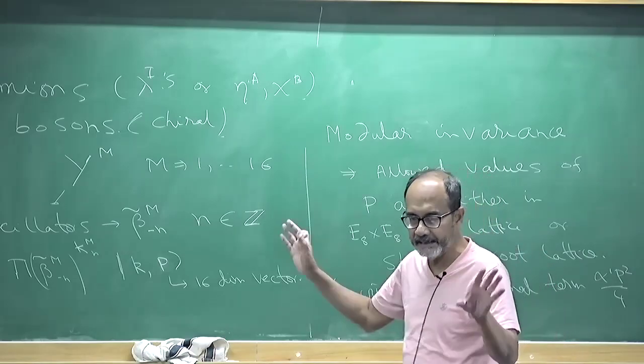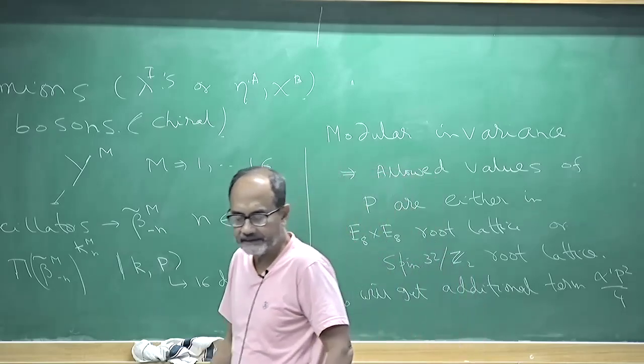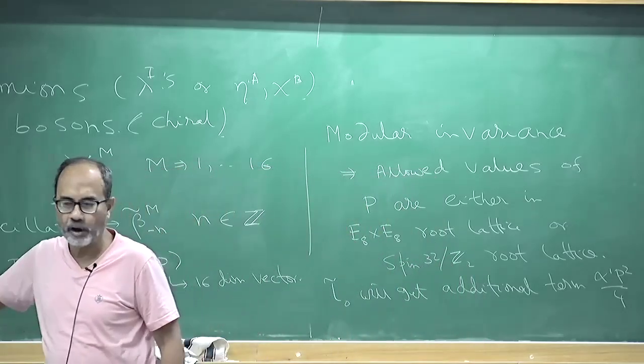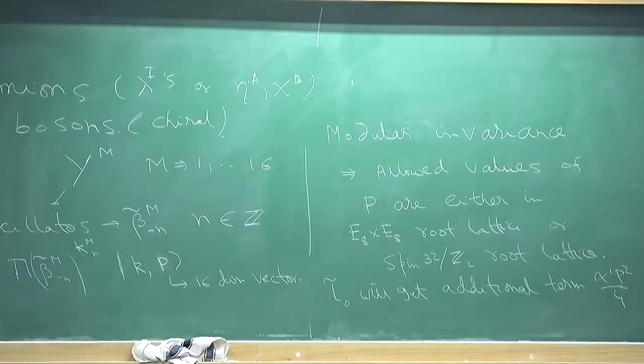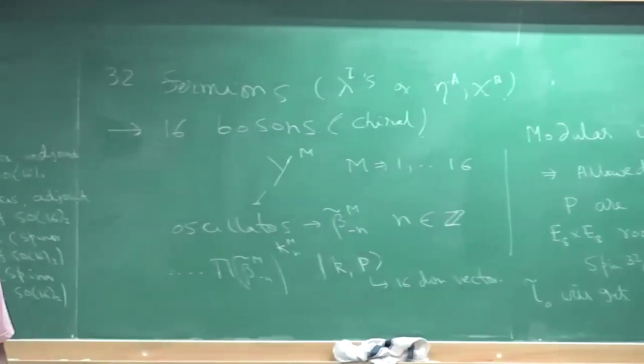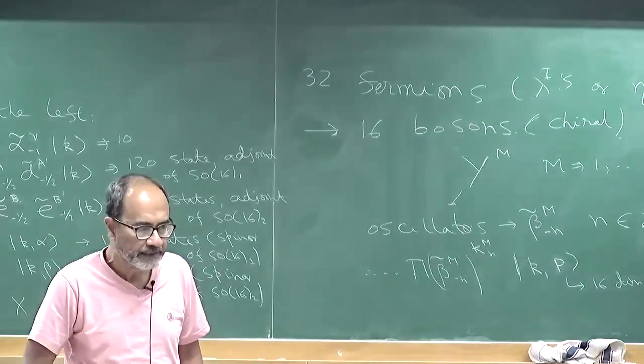And this generates the same spectrum that you got from the fermionic theory. Not just at the massless level, you can show that to all massive orders, it generates the same spectrum.